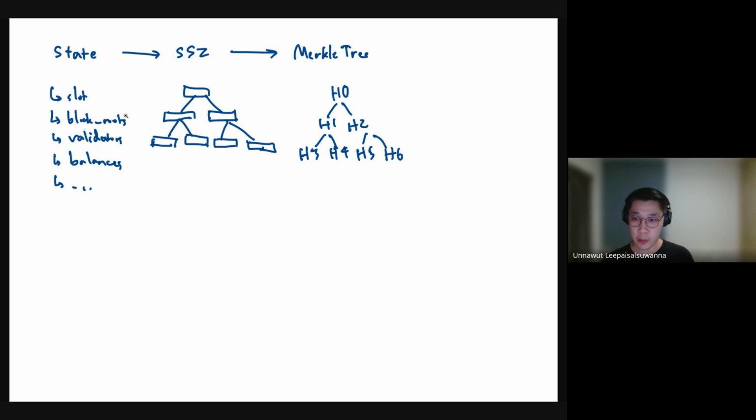But in order to communicate it across the network, you have to serialize it, and you have to serialize it with SSZ. And in order to actually compare your state view with other validators that are running in the system, you will need to Merkleize that. And that's only possible or easy to do because we are using SSZ that's very convenient to Merkleize back into a single Merkle root.